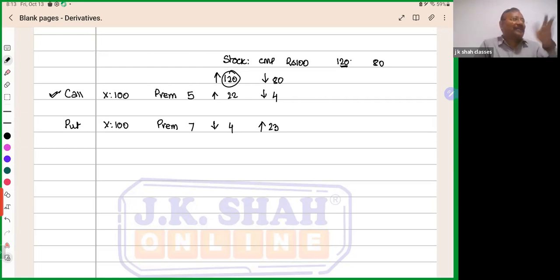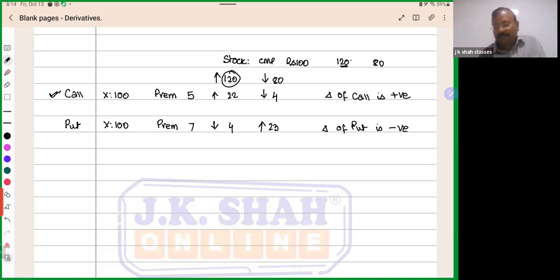And if it moves in the opposite direction, beta is negative. Which means the relationship between stock and market is measured by beta. The relationship between the stock and the option is measured by delta. So can we not say that delta of call is positive, right? And delta of put is negative?